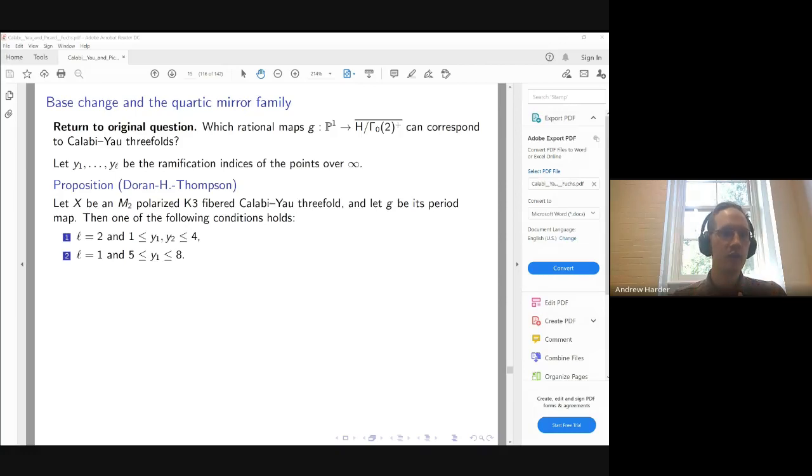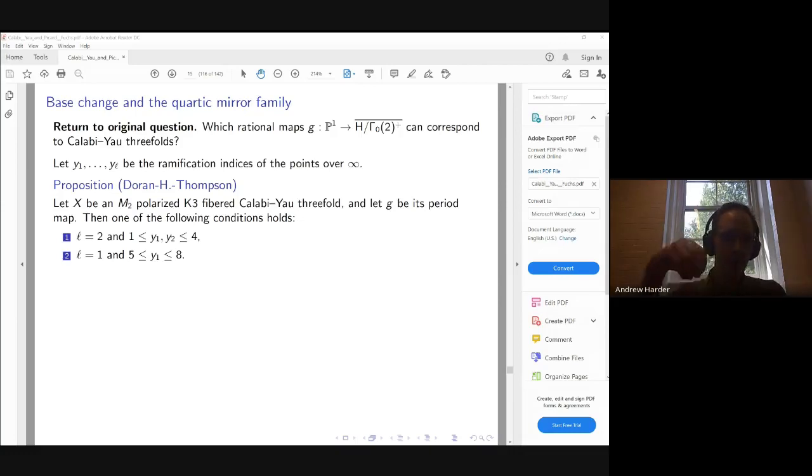In the cases we're most interested in, these M2-polarized K3 fibrations, we have a good sense of what the possible singular fibers look like, and we can show that in most of these cases you can force the canonical bundle to be trivial around the singular fibers by choosing the right birational model.